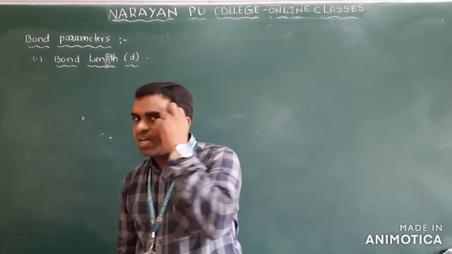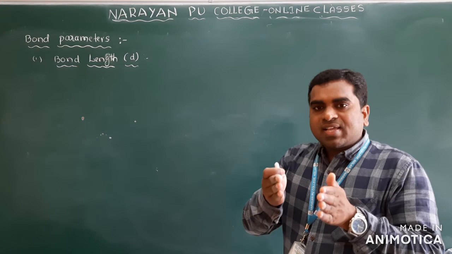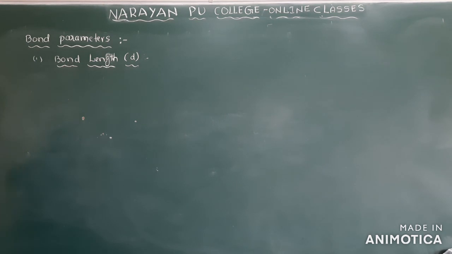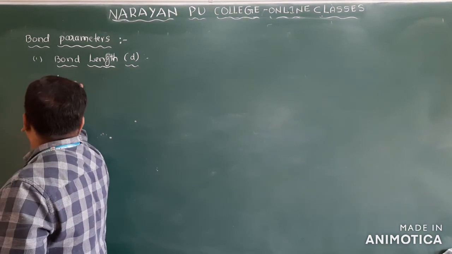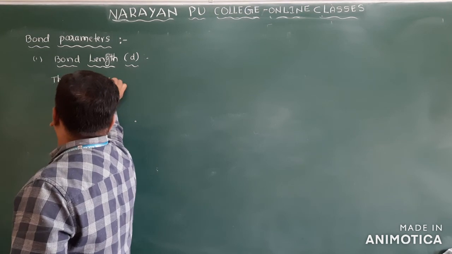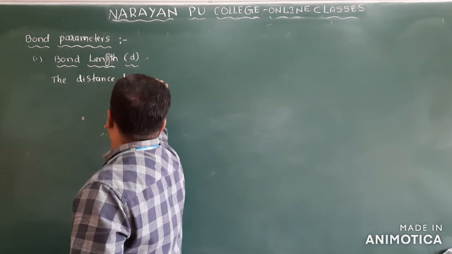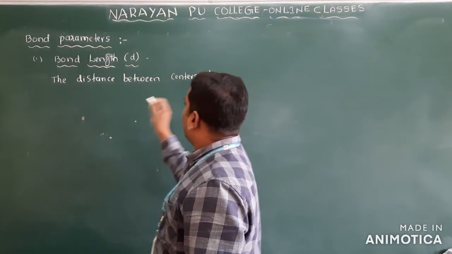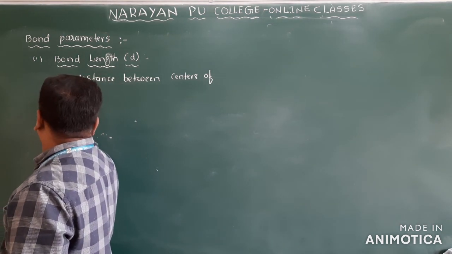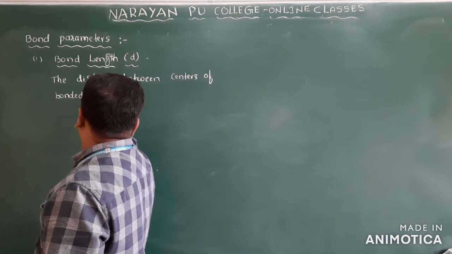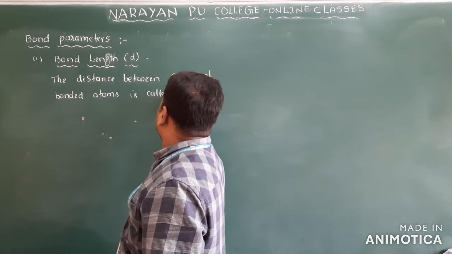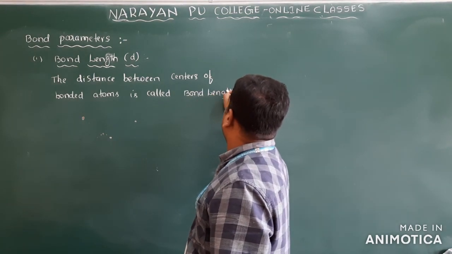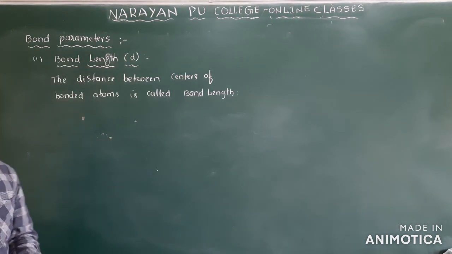So write the definition here: the distance between centers of bonded atoms is called bond length. It is denoted by which one here? D. Yeah.